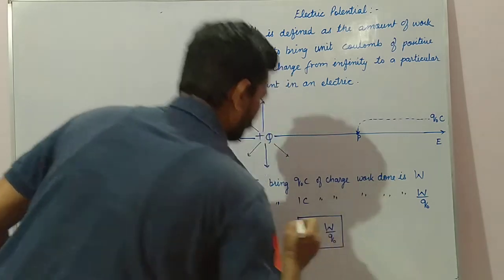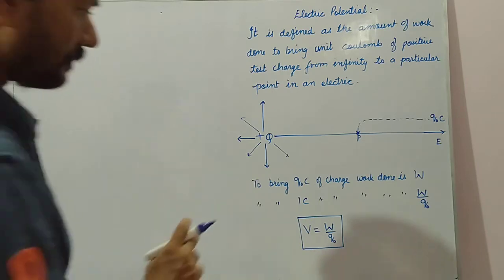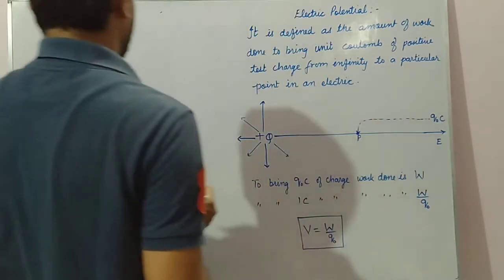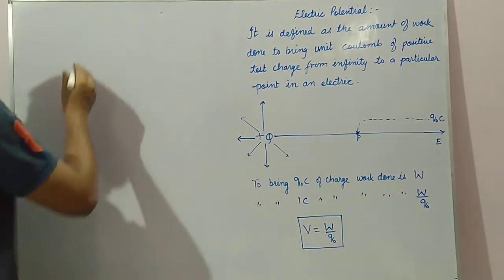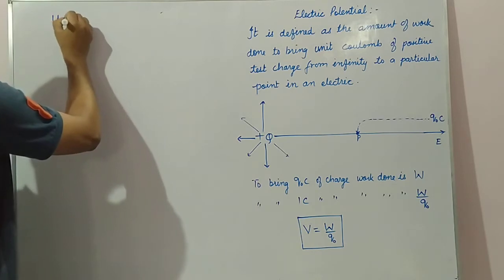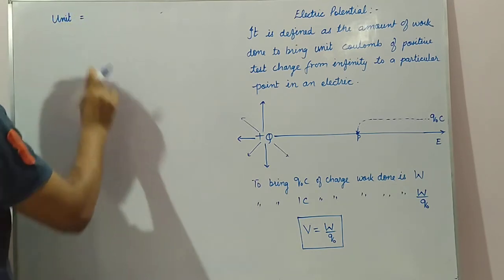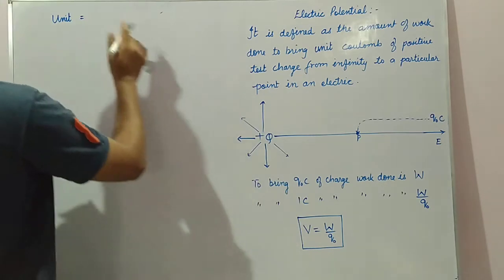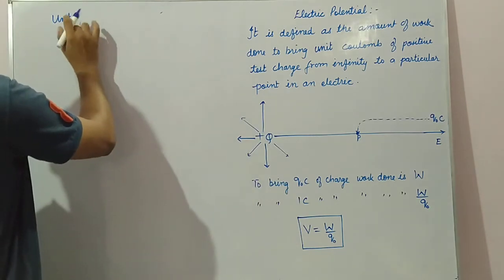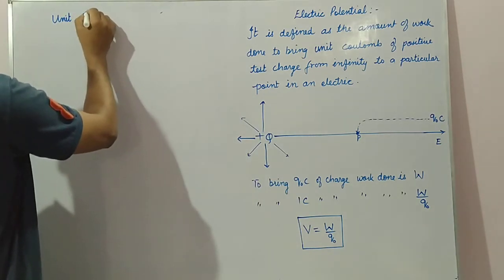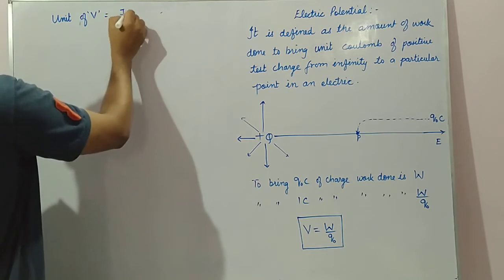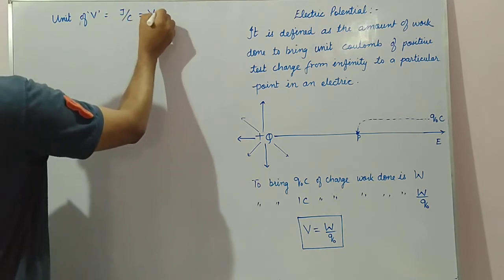Now, the unit of V: work done unit is joule, charge unit is coulomb, so the unit of V is joule by coulomb, which is termed as volt.